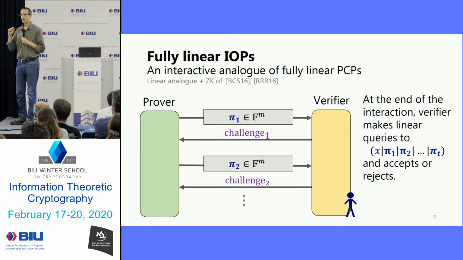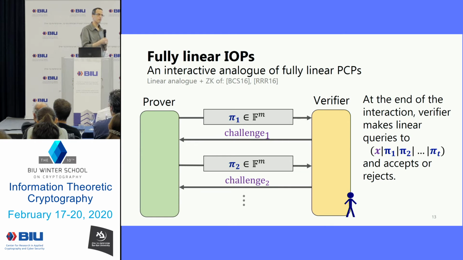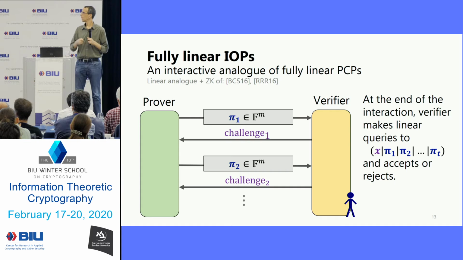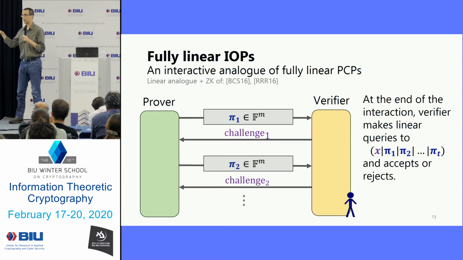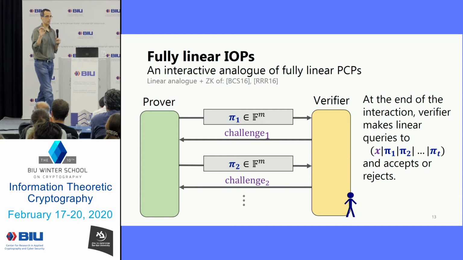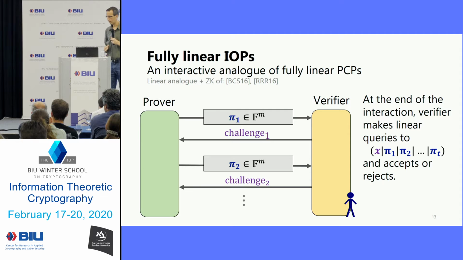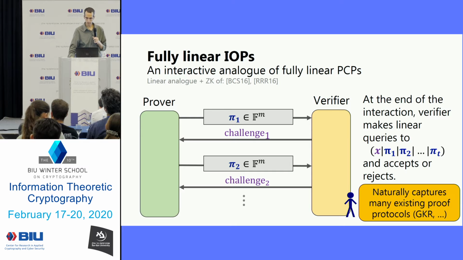It doesn't matter that much except for the fact that we have several rounds in which the prover sends some information, gets a challenge from the verifier, sends some information again, and finally, the verifier has this list of messages it receives and inputs. It doesn't have them explicitly. It can query them with linear queries.